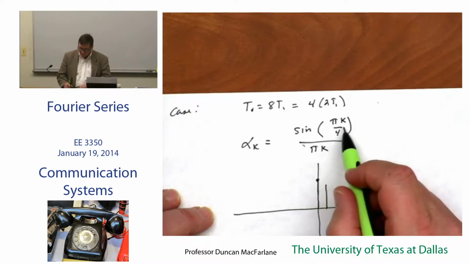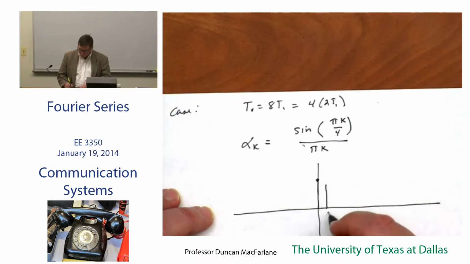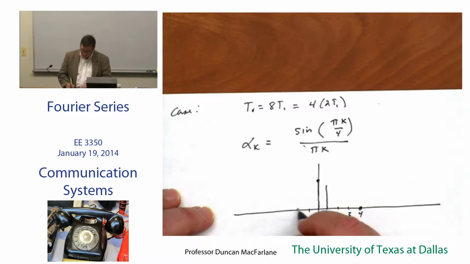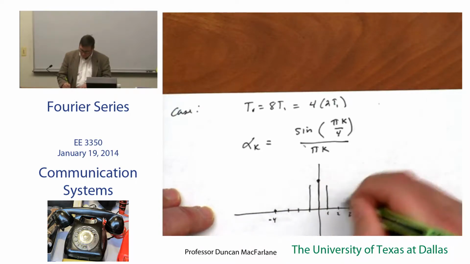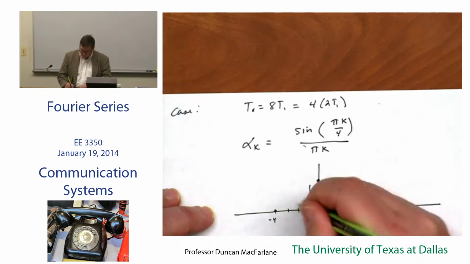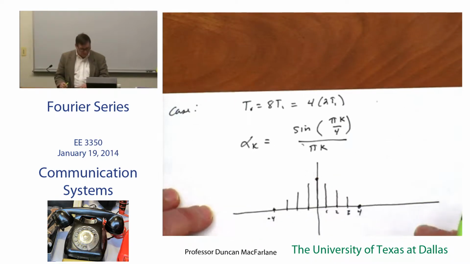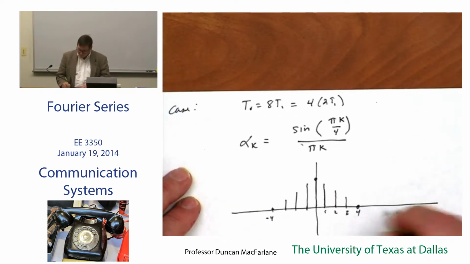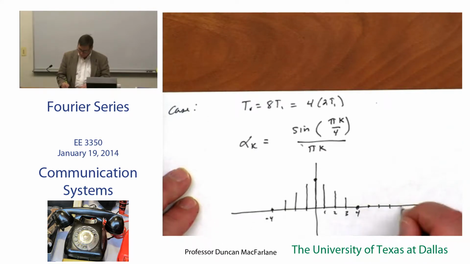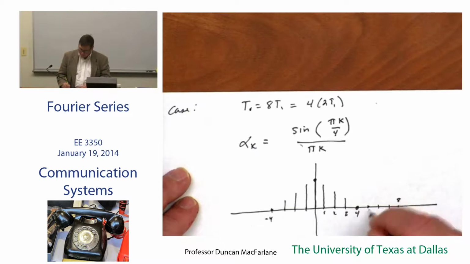My first 0 is going to occur when k equals 4. 1, 2, 3, 4. Minus 1, minus 2, minus 3, minus 4. And so it just takes a little while for this function to come down to 0. My next 0 is going to be at 8. 5, 6, 7, 8.